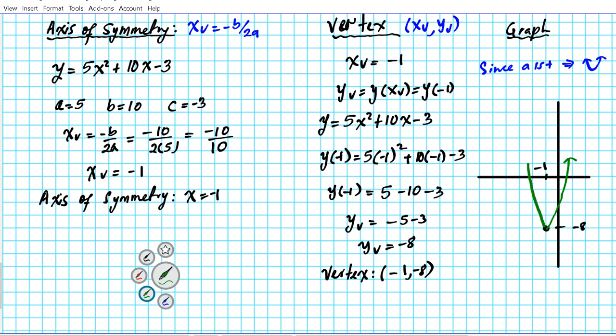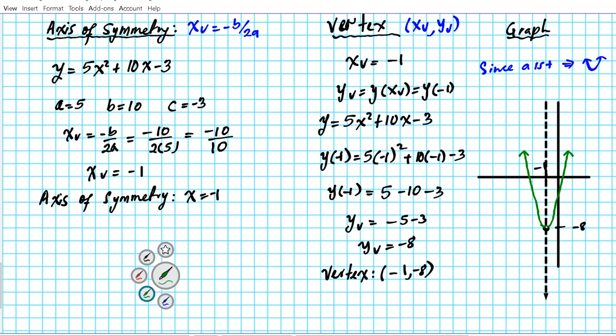Skinny little parabola right there. It's supposed to be like a U over here. All right, so there goes our parabolic function. And then we'll split it down the center with the axis of symmetry. If we split it down the center, that will be our axis of symmetry.